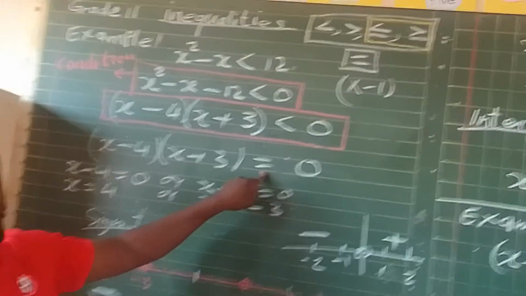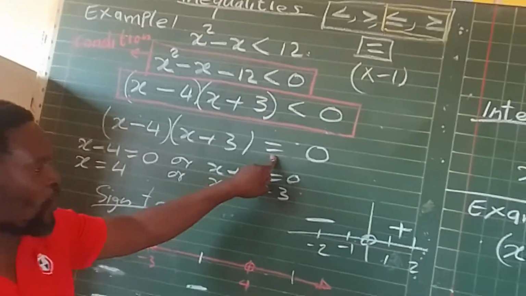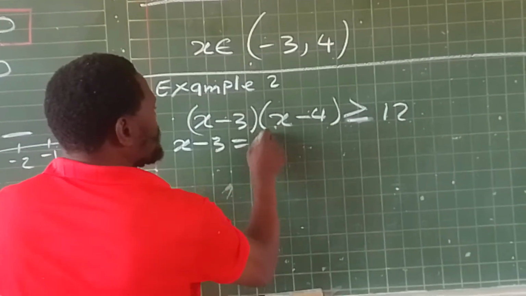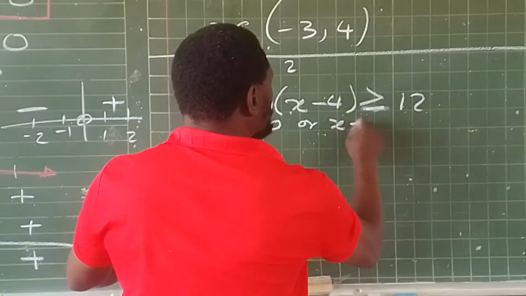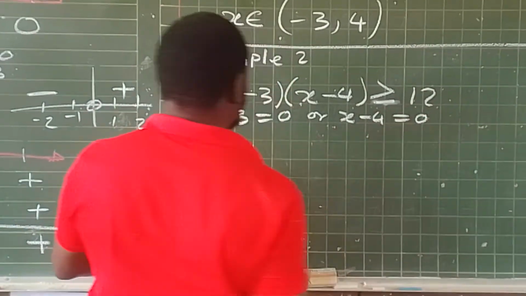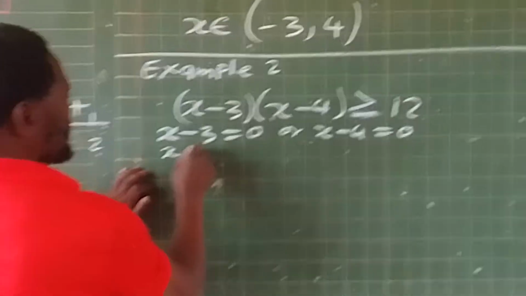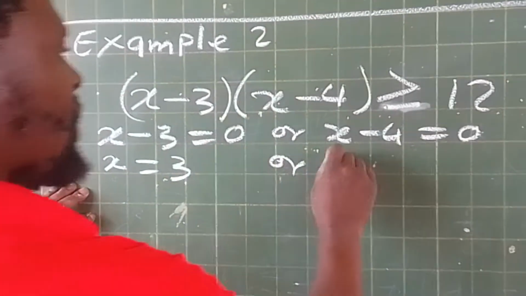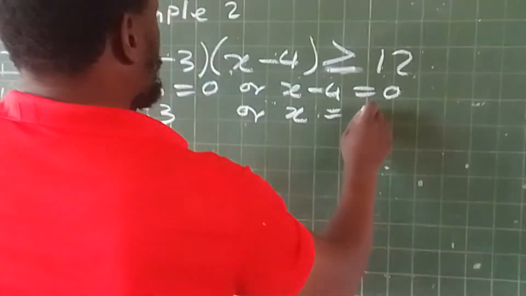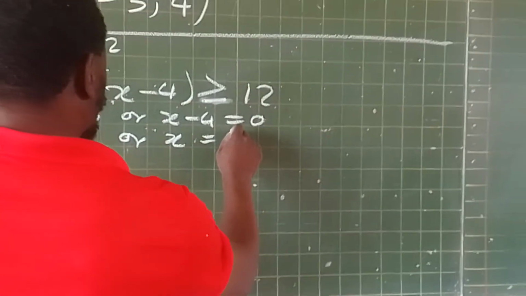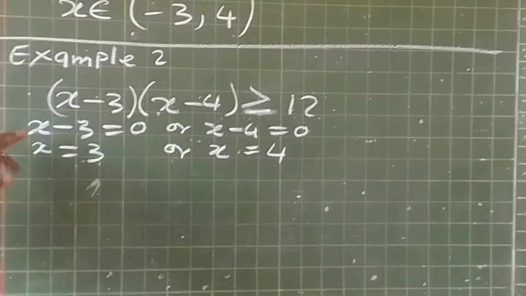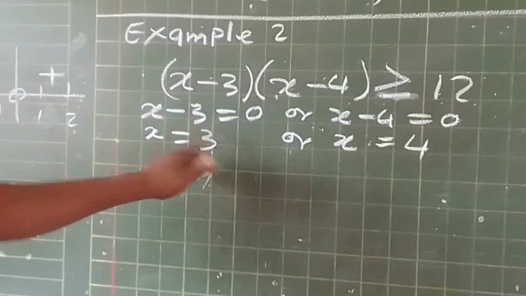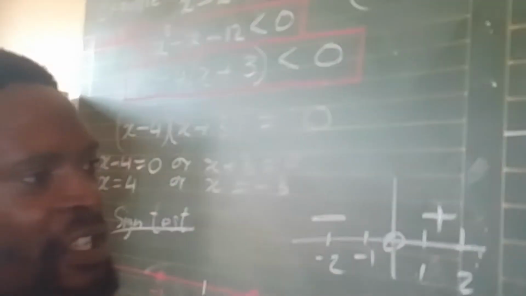From here, we start to apply the equal sign. You say x minus 3 is equals to 0 or x minus 4 is equals to 0. Then x is going to be positive 3 or x is going to be positive 4. Let me check. x minus 3 is 0, x minus 4 is 0, then x is positive. Right. This is what we have.